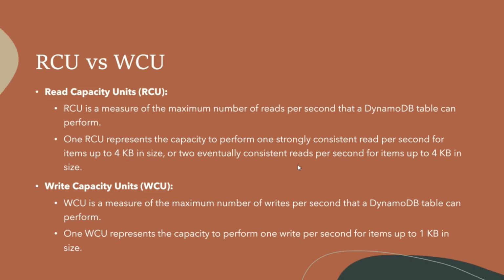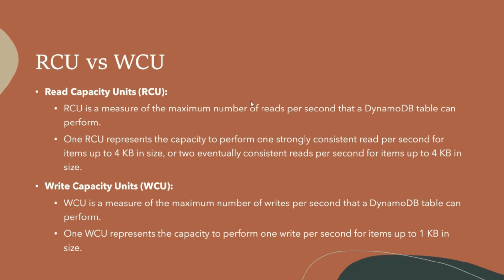So let me just give you a quick example. You have 5 RCUs. That means you can have 5 reads per second for items up to 4 kilobytes in size. So then as your RCUs increase, you understand what I'm trying to say. If you have 10 RCUs, you can have 10 strongly consistent reads per second for items up to 4 kilobytes in size.